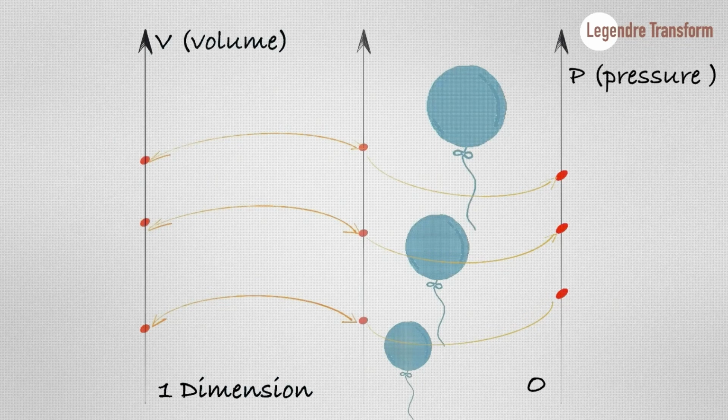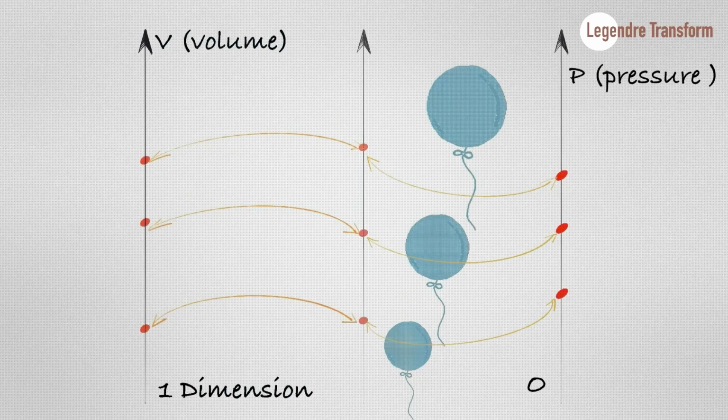From this picture, we can choose now to describe our balloons entirely in terms of their volume or in terms of their pressure. What is important is that both of these descriptions are accurate and complete. They give all of the information that we need about our balloons.